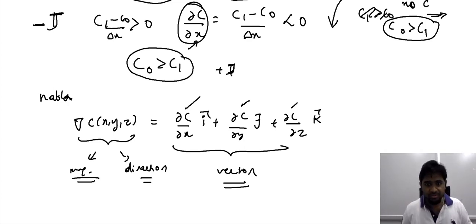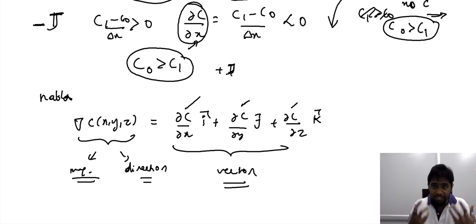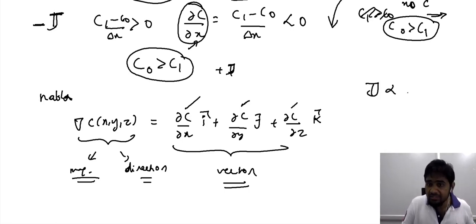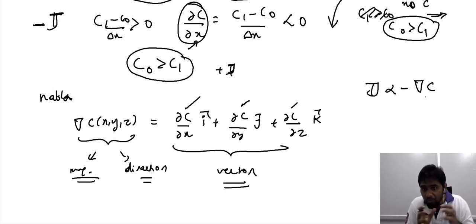In which direction is this gradient of concentration pointing? It is something we need to understand, because Fick's first law not only considers the conventional sign here, but it also considers the gradient of the concentration. It means there is a direction associated, a direction in which this particular vector is pointing.